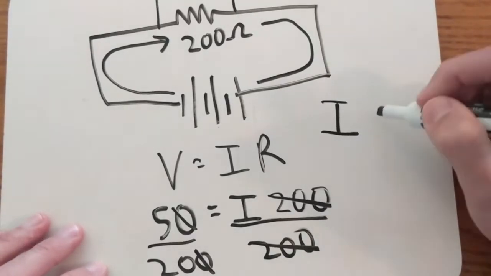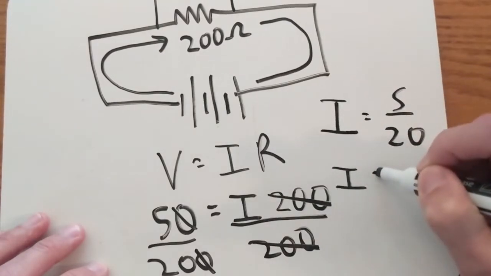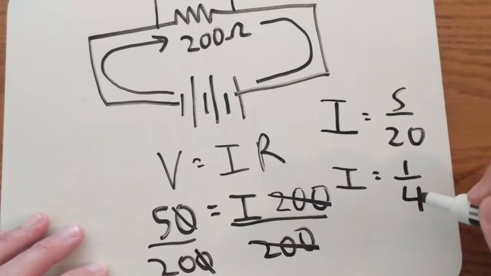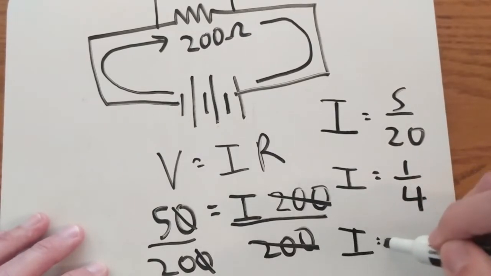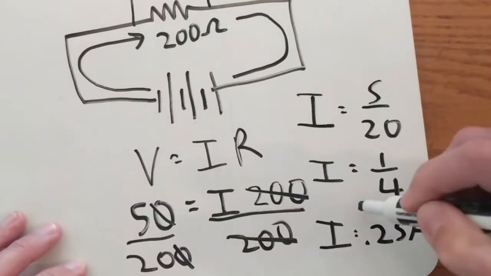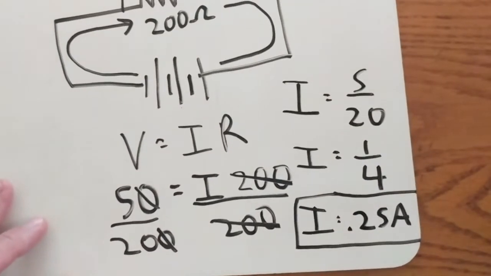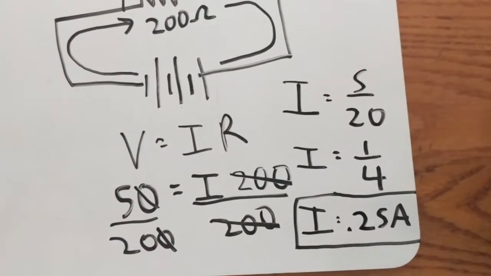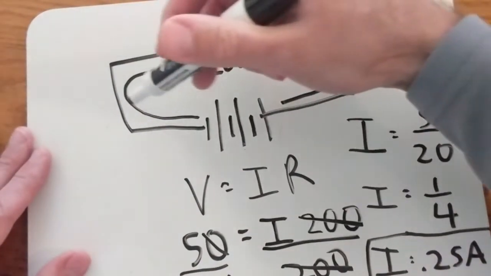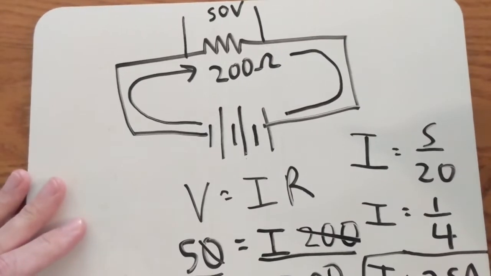The current is 5 over 20, and that reduces down to 1/4, and then the current is 0.25 amps. Notice we're just using V = IR to solve for that, and we have our answer, 0.25 amps. That's how much current would be flowing through this resistor. If you had a resistor with 200 ohms and you hooked up a voltmeter and it read 50 volts, that would tell us that 0.25 amps is flowing through that resistor.